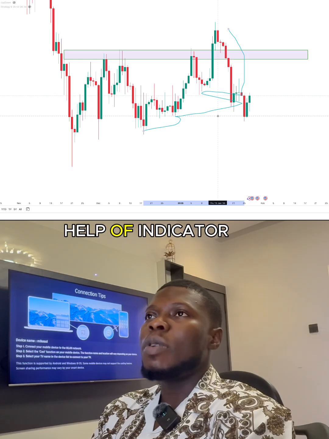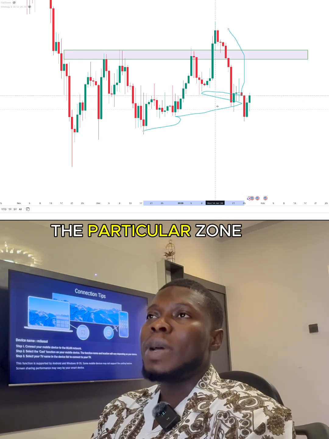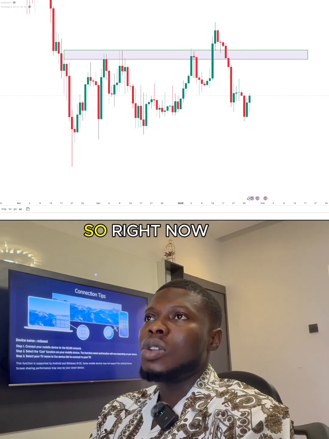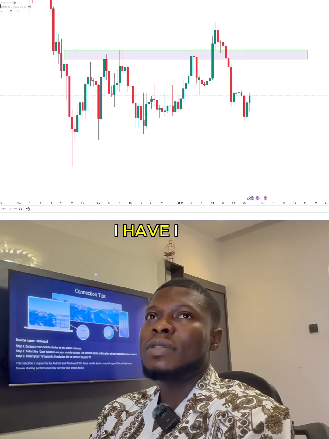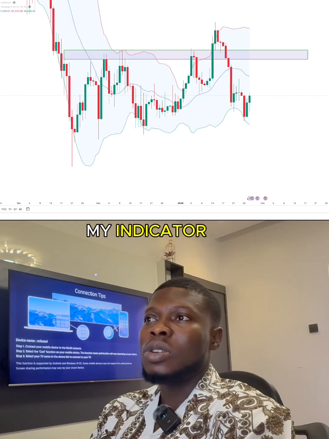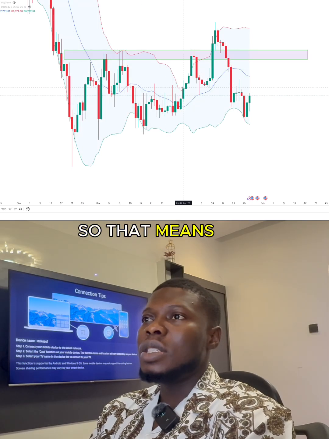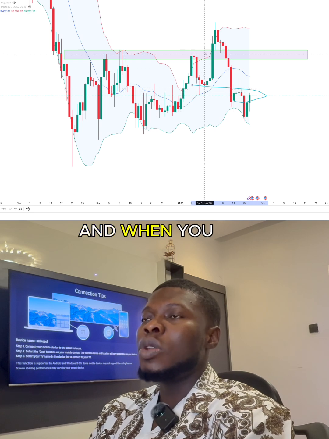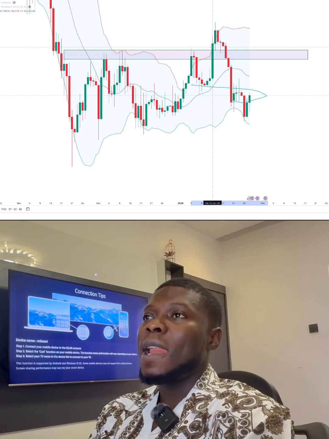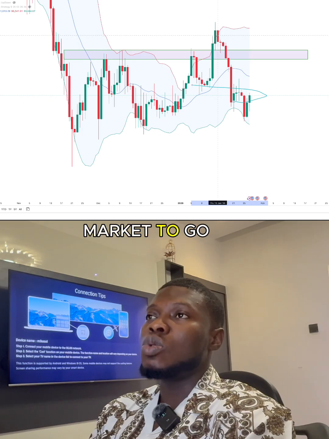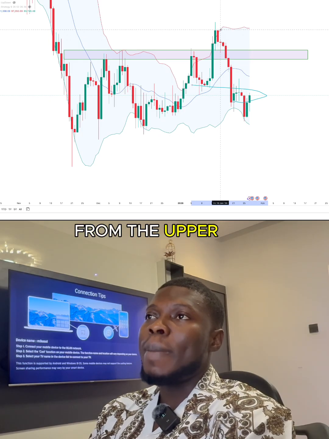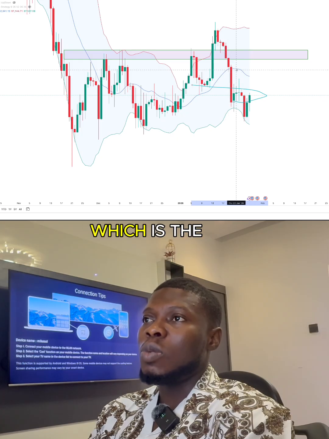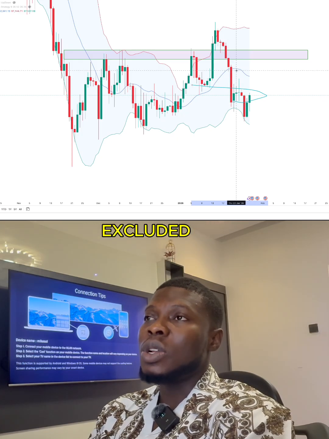With the help of the indicator, you might know the particular zone the market is looking at. So right now, I have two on my indicator. That means there is liquidity here. When you have your first change of character, you expect your market to go from the upper band to the lower band. The middle, which is the moving average, is excluded.